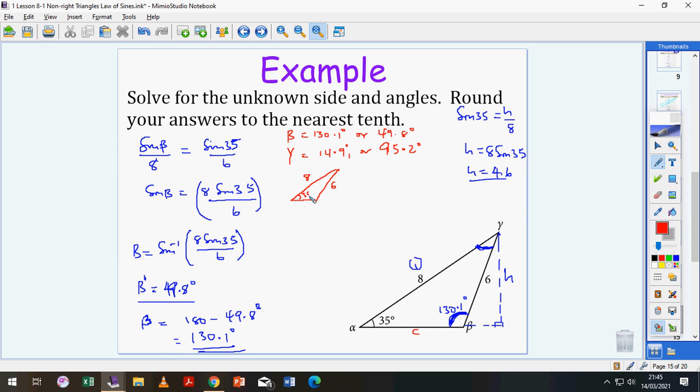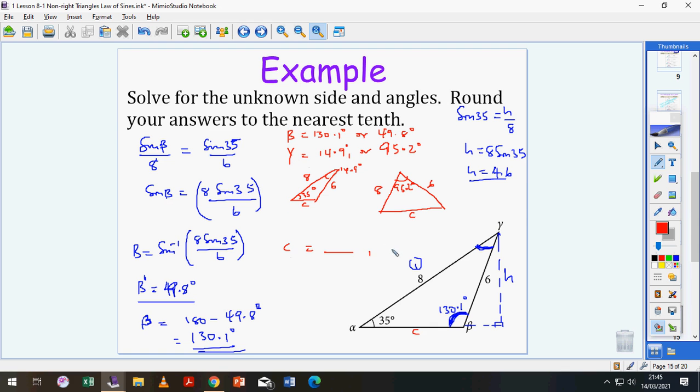So then you can find the value of C. And in the second triangle, this is still 6, that's 8. That angle is 95.2, and then you're still finding the value of C. So you find both values of C and you say beta is equal to this or that, gamma is equal to this or that, and C is equal to that or that. Those are the answers that you will get from these two calculations.